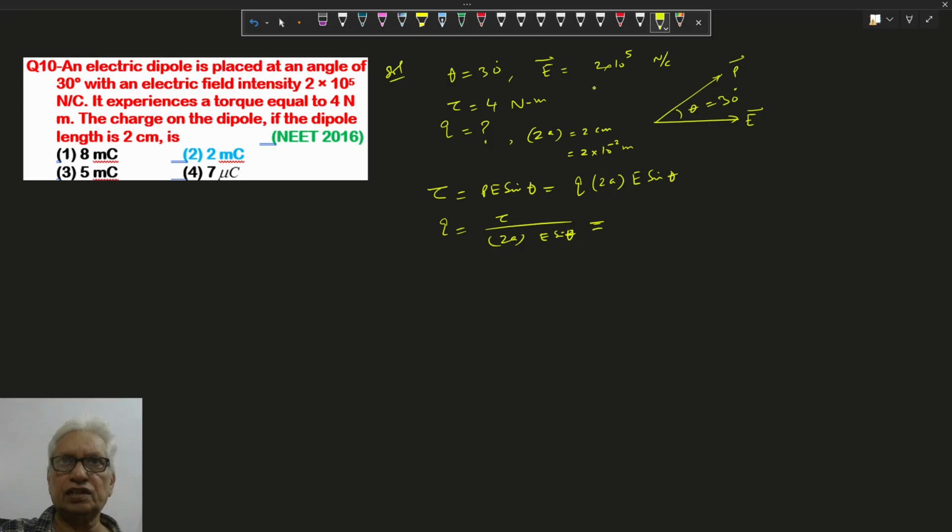Putting in all the values: torque is 4, distance is 2 centimeter, electrical field is 2 into 10 to the power 5, and sin 30 is 1 by 2. So Q will be 2 into 10 to the power minus 3. It can be written as 2 millicoulomb. Option 2.